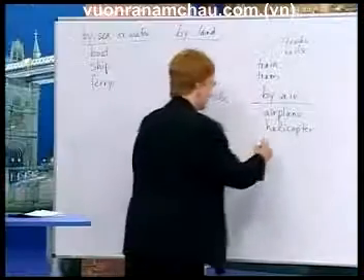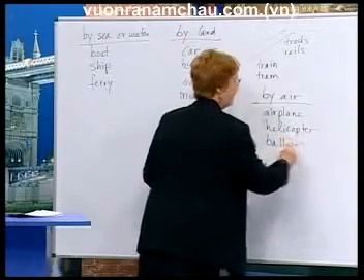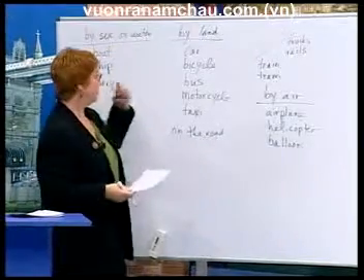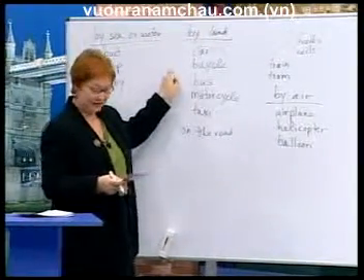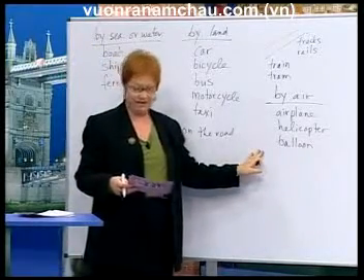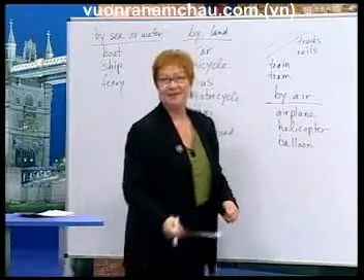We travel by air in a balloon. Okay, all right. Now, I don't have a car or a bicycle or a balloon. I travel by walking. I go on foot.